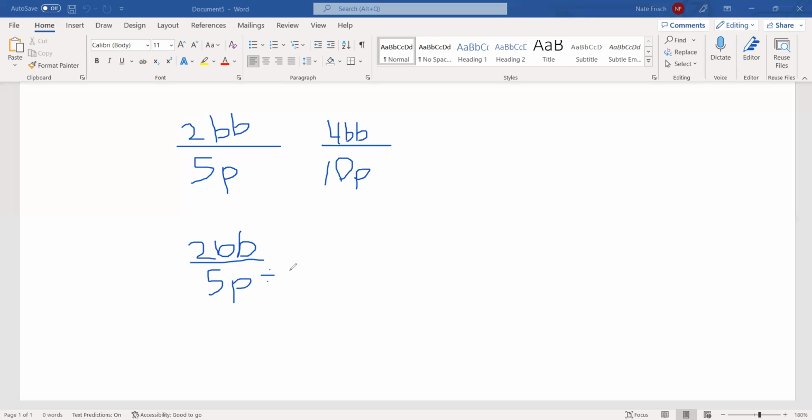So I would divide by 5 to get down to 1 player, and whatever I do to my denominator, I do the same to my numerator. Divide both by 5. 2 divided by 5 gives me 2/5 or 0.4, so that would be 0.4 basketballs per player. In this case it doesn't make a lot of sense because 4/10 of a basketball doesn't work very well, but if we were talking about money, decimals do work.